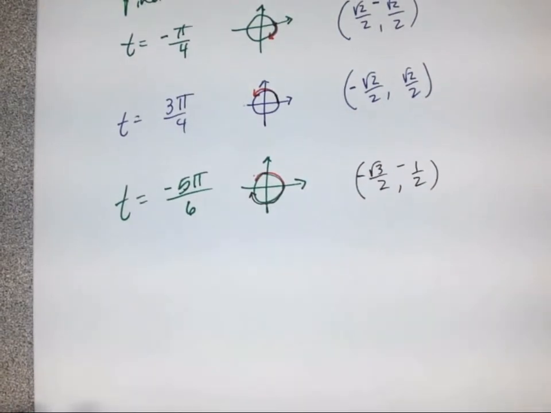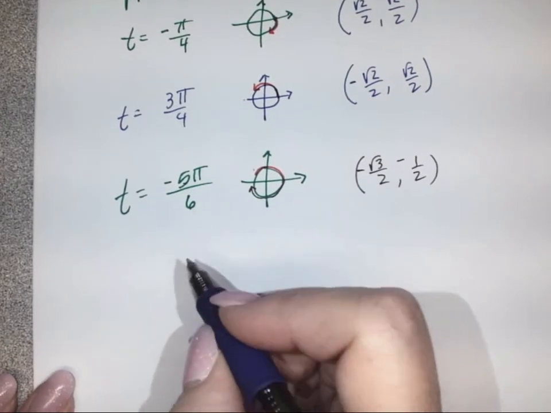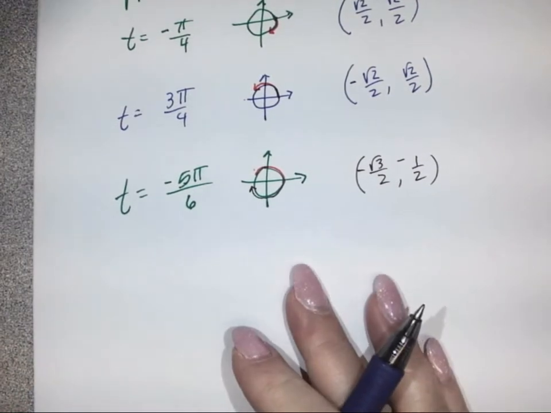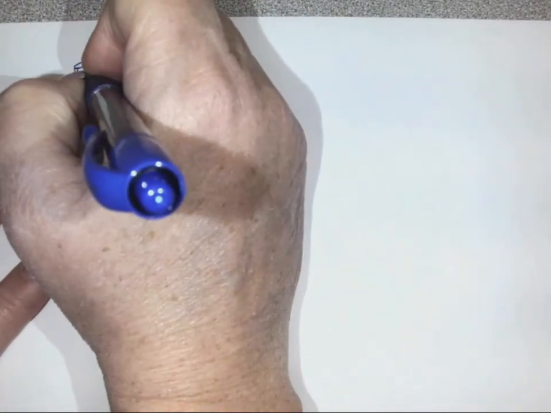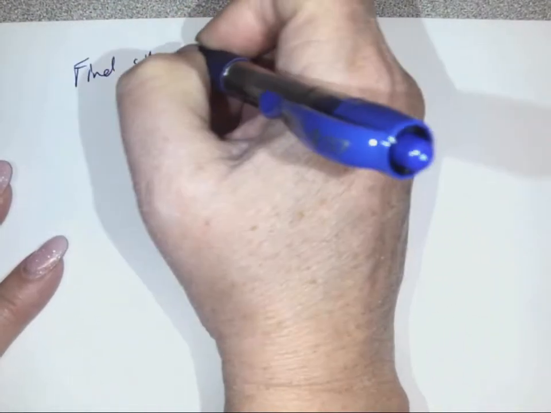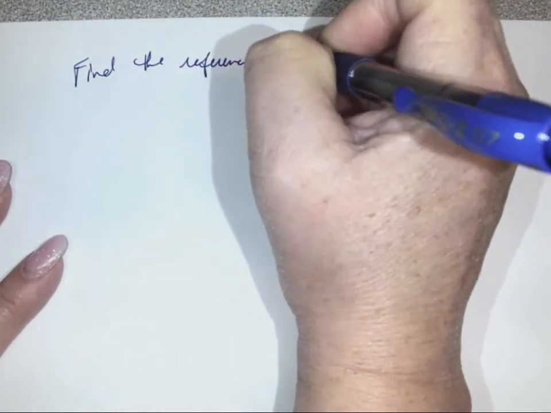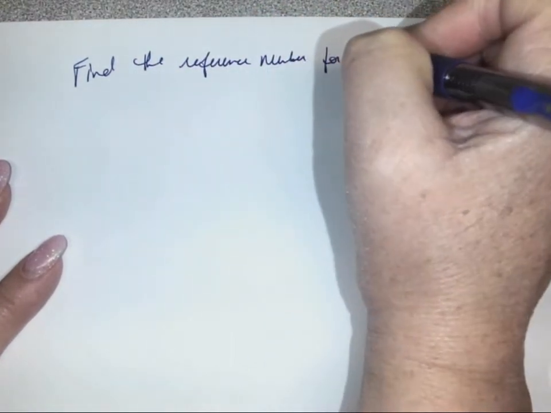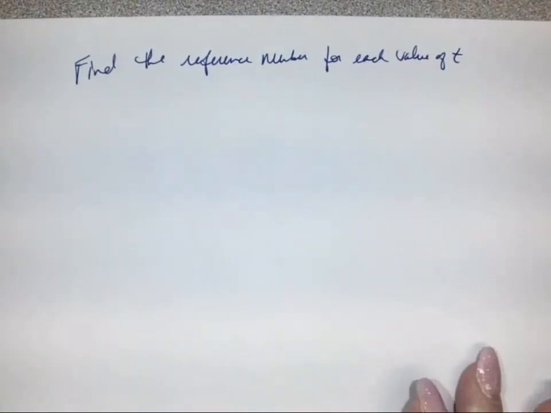Alrighty, so if we are given that we're going to find, let's switch pages. We have a few of these, and that way we don't have to change it in the middle. So we're going to find the reference number for each value of t.